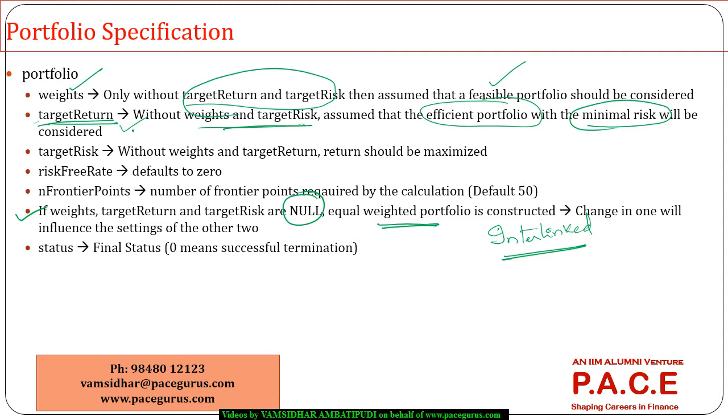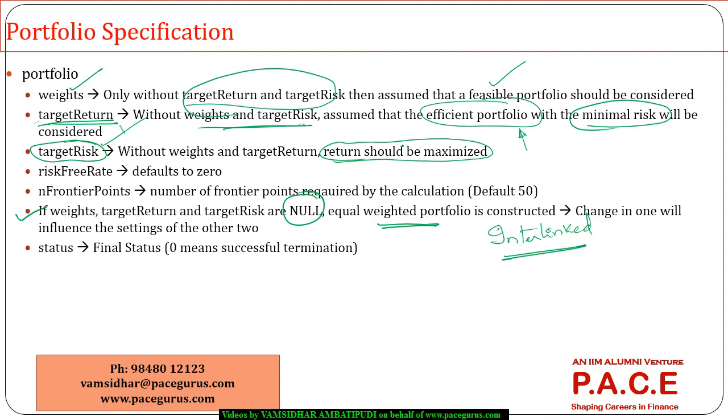So when I am giving the target return, the kind of portfolio that would be constructed for me is the minimum risk portfolio. But if I am giving target risk and I did not give weights and target return, then for that amount of risk, it will create a portfolio which is giving me the maximum possible return. So these are some of the things that are by default taken into consideration.